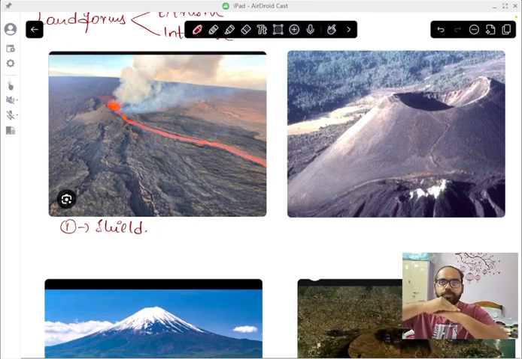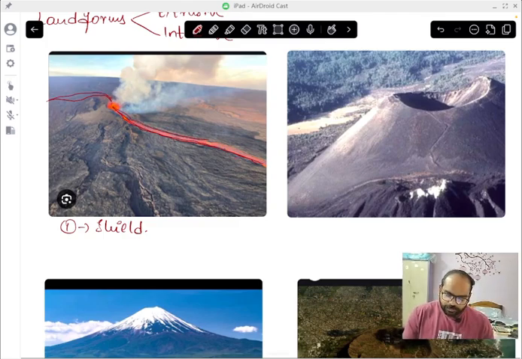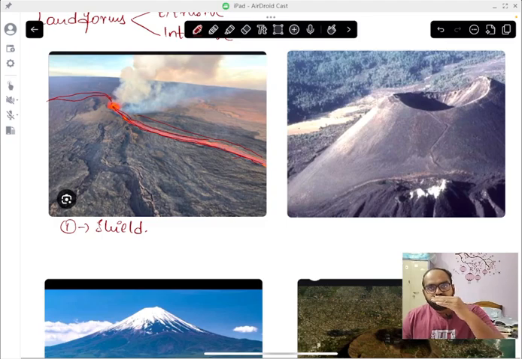This is either dome shaped or shield shaped. It is called a shield volcano. If you observe here, the lava is flowing for very long distances, and there will be another way like this, and gradually this long path gets solidified and forms into a shield shaped volcano. It is almost flattened in nature.